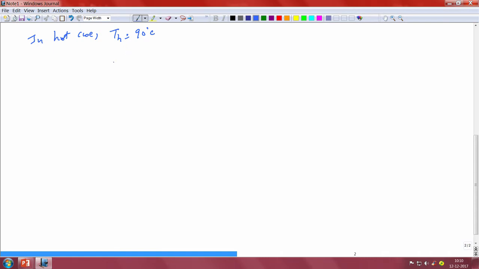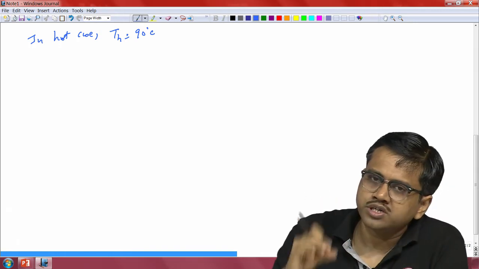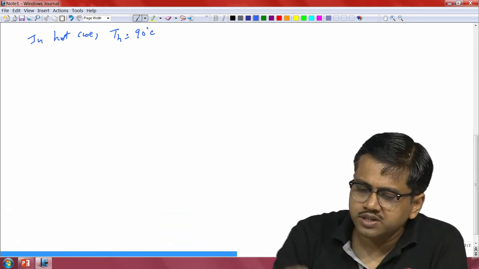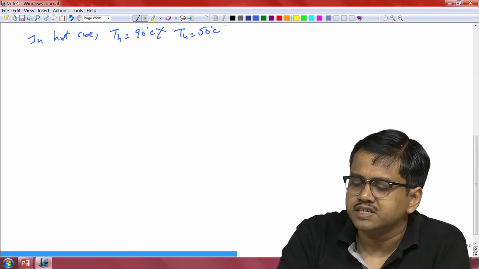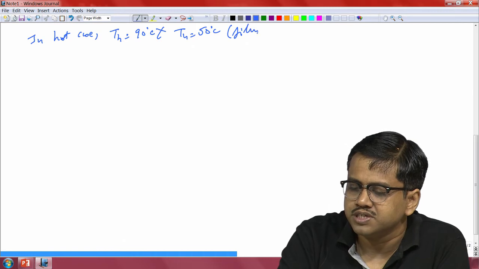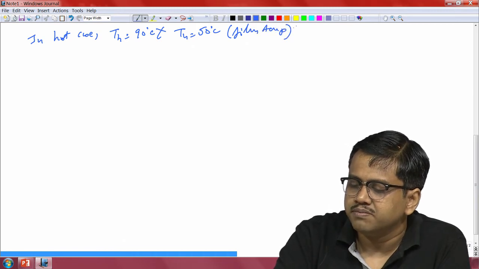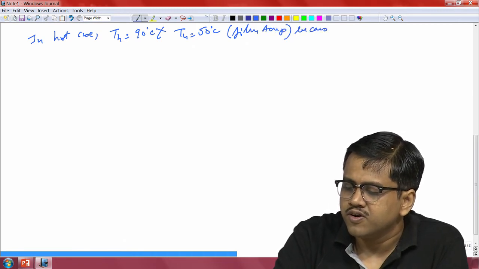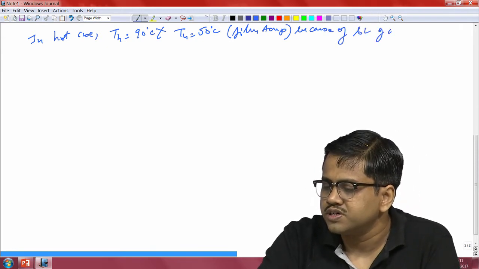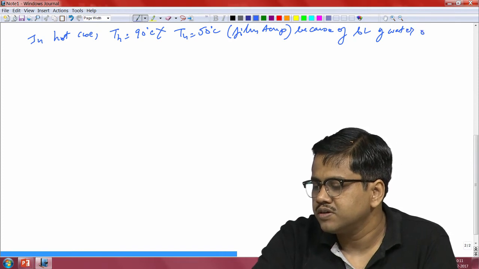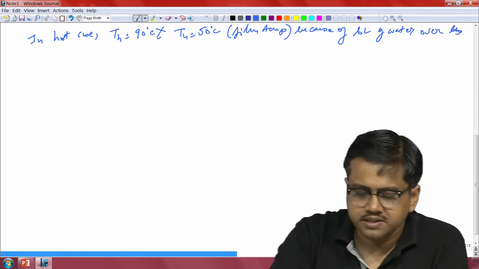It is just a linear interpolation between 10 and 90. That means the temperature of the boundary layer of water on the plate will not be 90, it will now be 50 degrees Celsius, which is the film temperature.